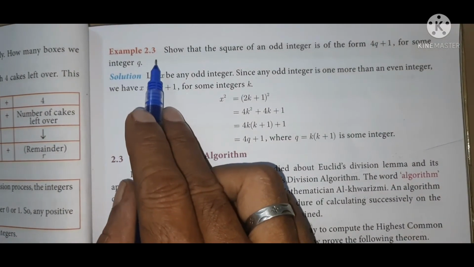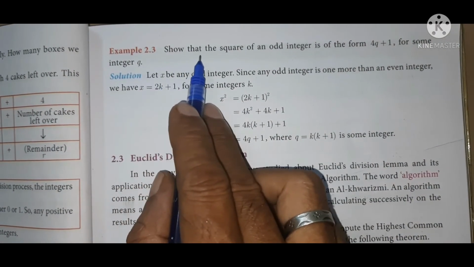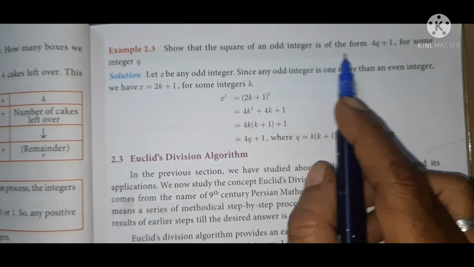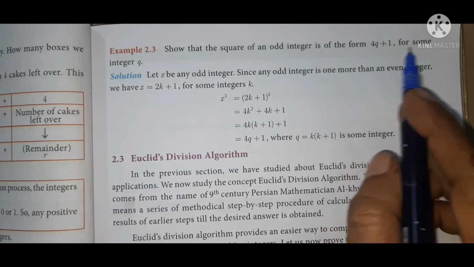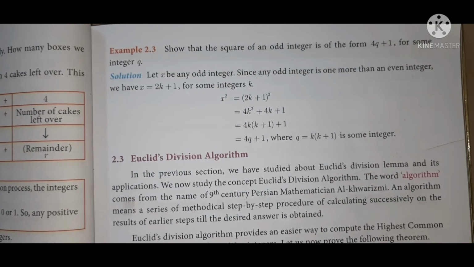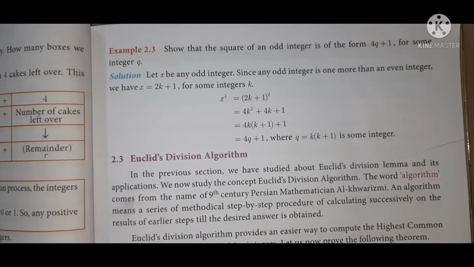Example number 2.3. Show that the square of an odd integer is of the form 4q plus 1 for some integer q. The square of an odd integer is to be shown in the form of 4q plus 1. Here q is an integer.